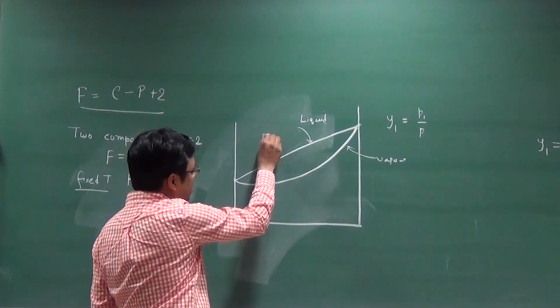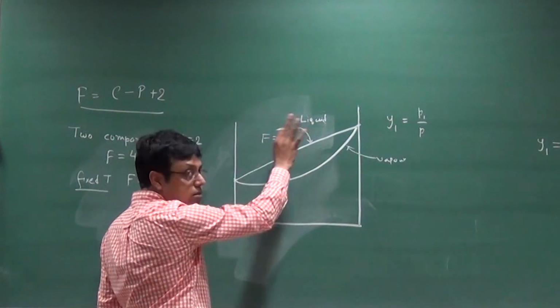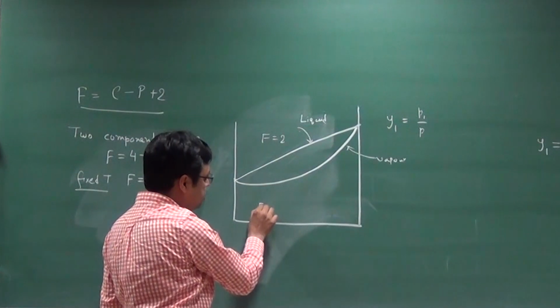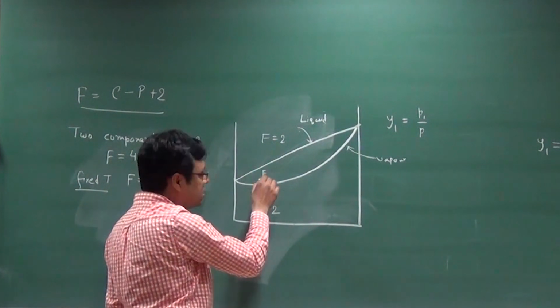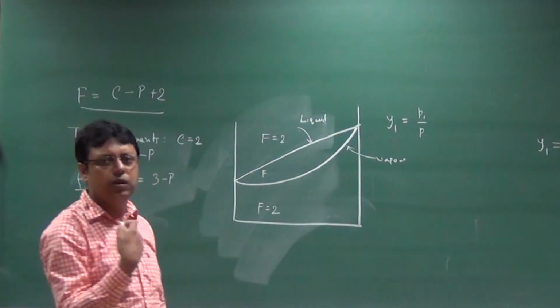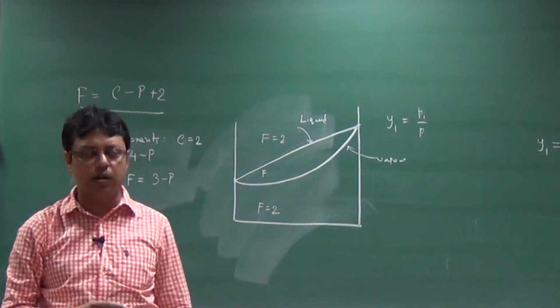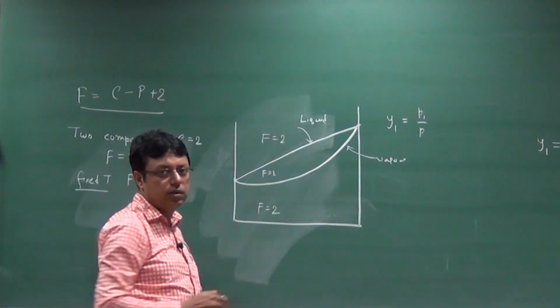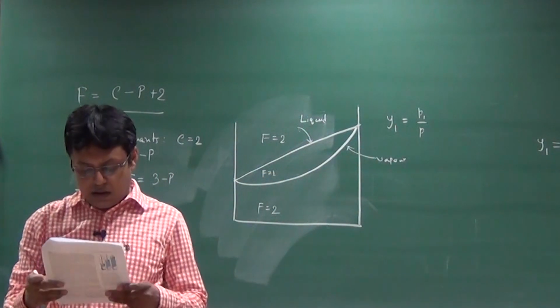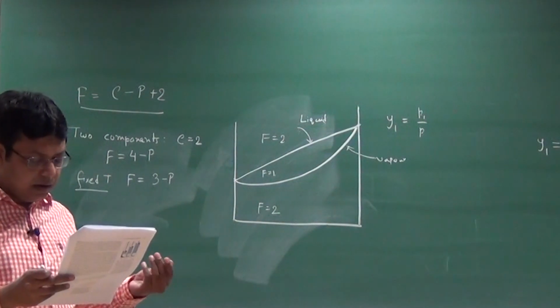Here, this is a bulk phase, F equal to 2. This is also a bulk phase, F equal to 2, but in between I'll have F equal to 1 because liquid and vapor are in equilibrium. From this line to this line, that entire region. Clear?